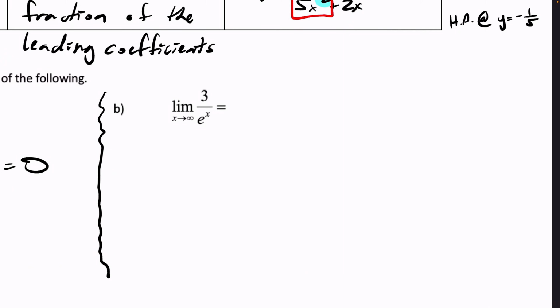All right, so we got one with an old friend, e to the x. 3 over e to the x. What does e to the x represent? I don't care what number it is. I just want to know what it represents. What type of function does it represent?